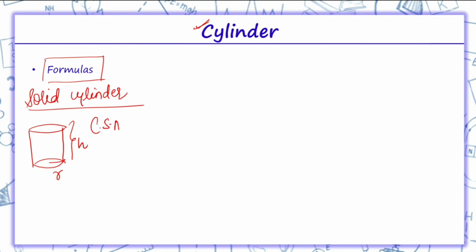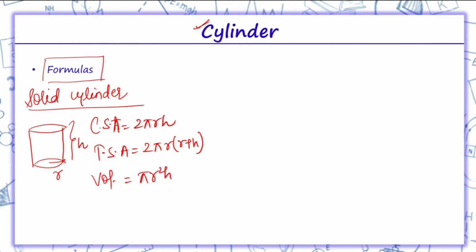So curved surface area of cylinder is 2πrh. Total surface area of cylinder is 2πr(r + h), and volume of cylinder is πr²h. This is about solid cylinder.